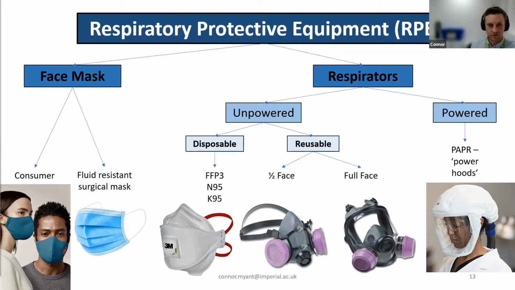This is the FFP3, FFP2, or N95, K95, the typical product names associated with them. And the name of the mask tells us the level of filtration that the mask offers as well. And these are the masks that healthcare personnel were being asked to wear on a daily basis. So they're typically one use, and then you dispose of them.